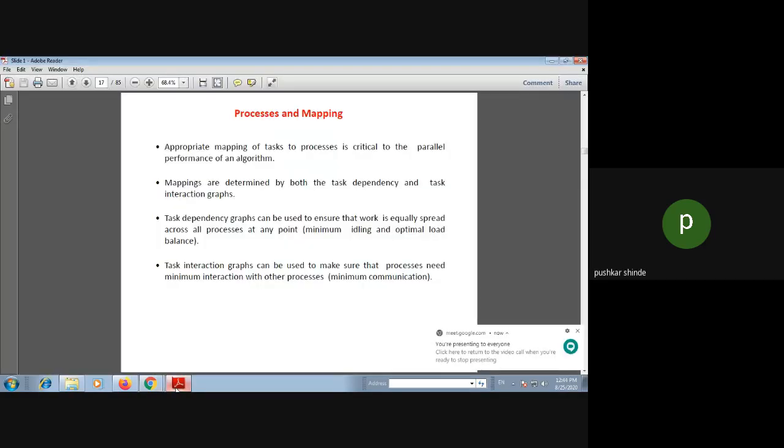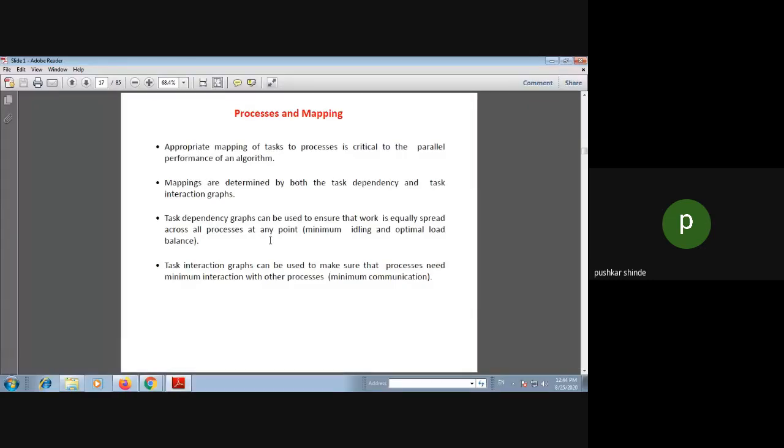So what happens is that the control dependency is used so that the work gets equally spread across all processes at any point. The control dependency means what? First, one node has to be executed, then the next node can be executed. That is given in the task dependency graph.